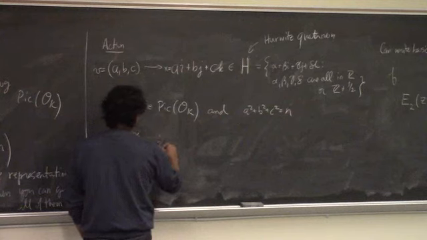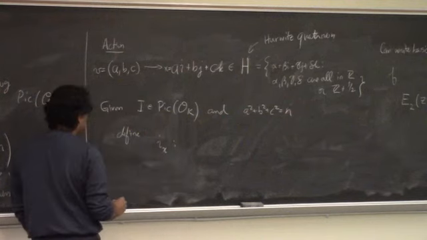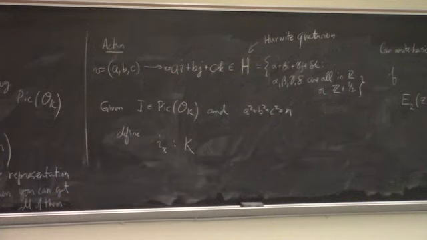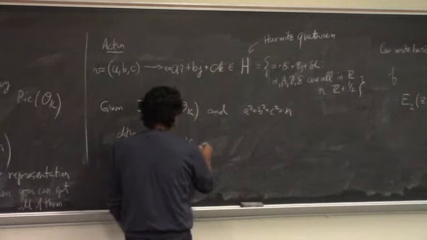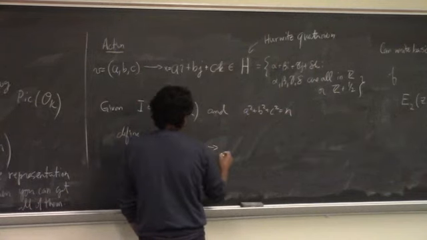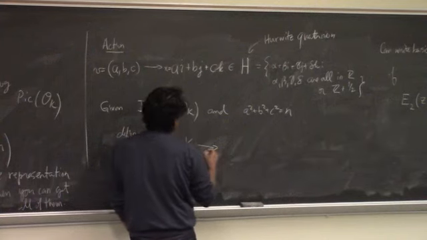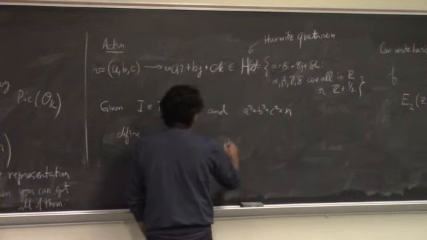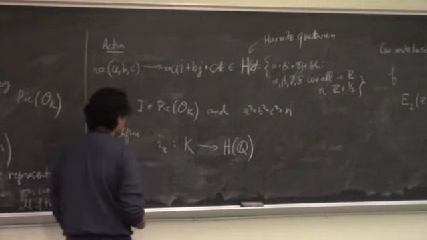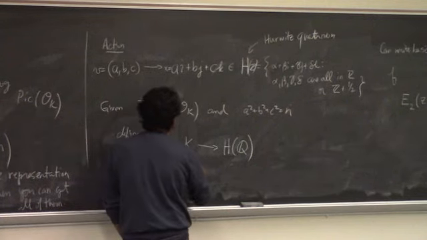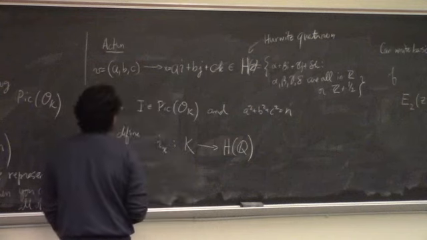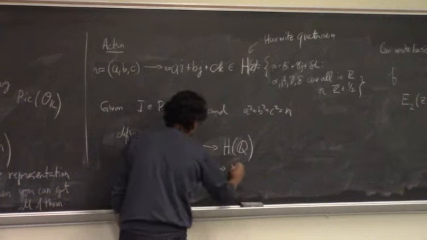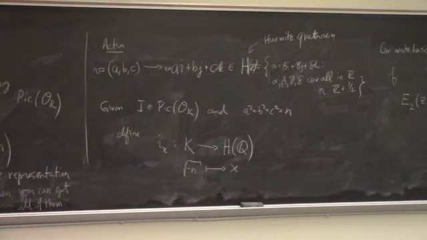Define i_x mapping from K, the field, so K is still Q adjoin square root of minus n, to H, where I just send square root of negative n to x. So we'll define a ring homomorphism.